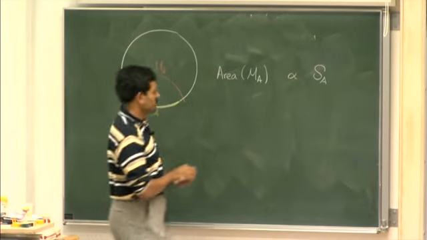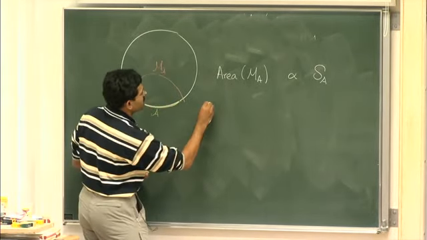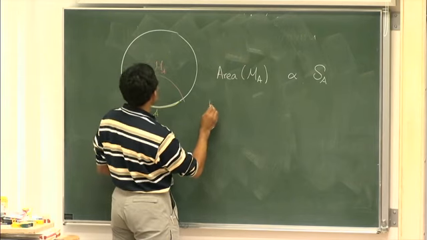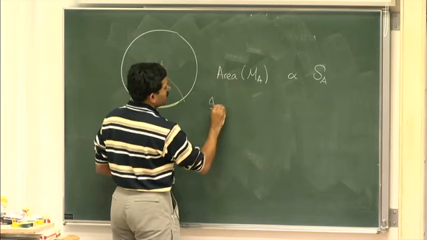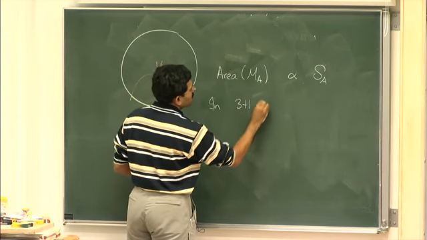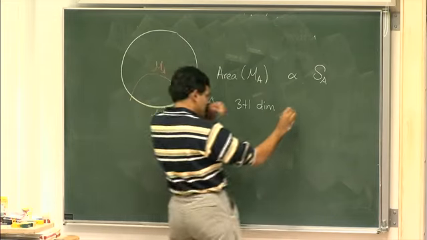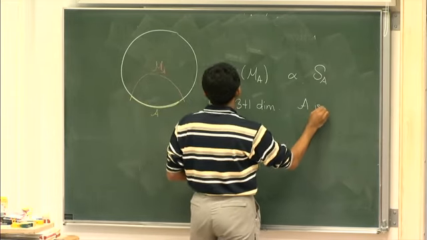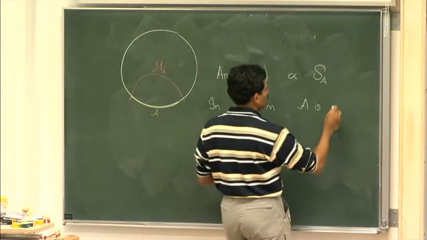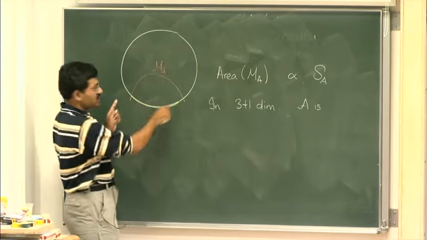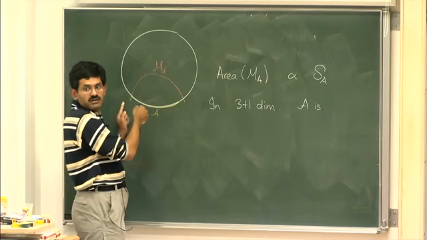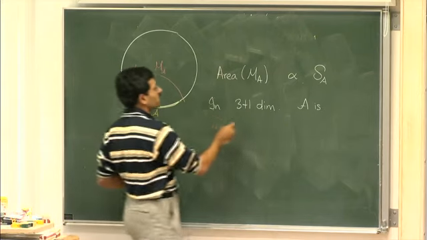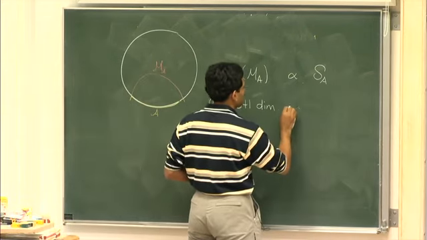So just to be specific, in 3+1 dimensions, where the field theory lives, A is a region in 3 spatial dimensions.